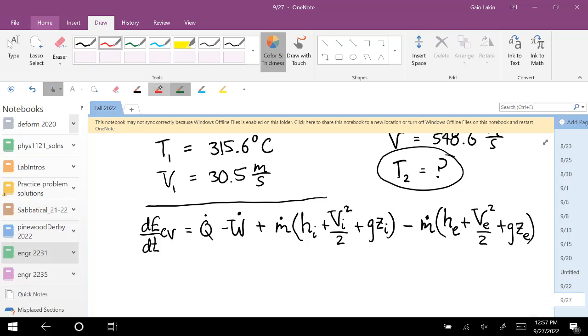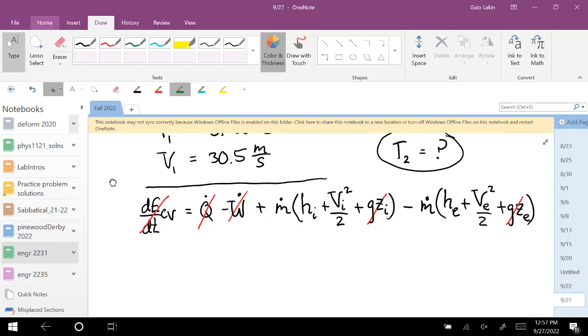It's steady state, so there's none of that. There's no heat transfer and no work. There's no change in height. And so what we're left with is just the standard equation for a nozzle or a diffuser.